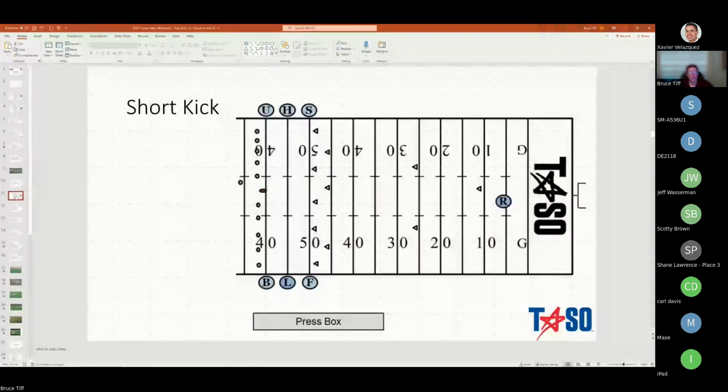Okay, let's talk about short kick. I know in some other mechanics, we have this concept of an alternate short kick mechanic. We do not have that in 7-man. So this is the only approved short kick mechanic that we can use per our current mechanics. In a short kick, this is where we're expecting potentially an onside kick. This is where we're going to move the H and the L up from the goal line, actually halfway between the kicking team restraining line and the receiving team restraining line.